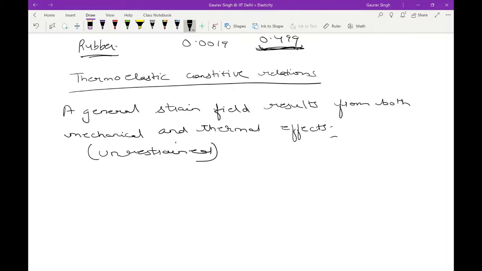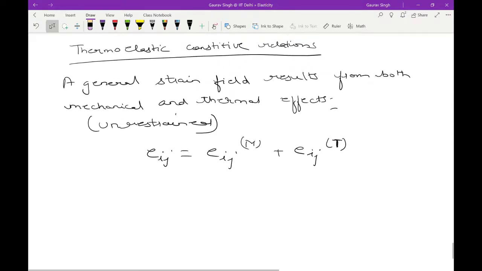Now, in the context of small deformation theory, linear elasticity will happen, and in that case, the total strain can be written as a summation of mechanical plus thermal effects. Okay. All this while we have been only learning about the mechanical strain and stresses, and you will have the thermal effects additionally because of this general loading.